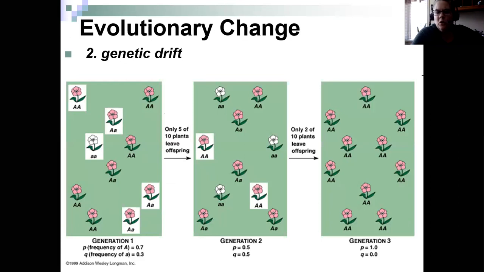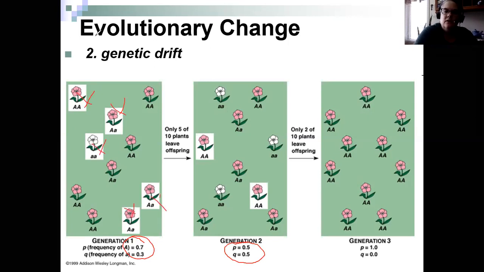So what we're looking at with this example is we're starting off with this frequency where our dominant and recessive allele we see is 0.7 and 0.3. Now, what we're looking at is some plants, only 5 plants leave offspring. So not very many plants leave offspring. And I'm seeing those frequencies are changing. Now only these 5 plants left offspring.